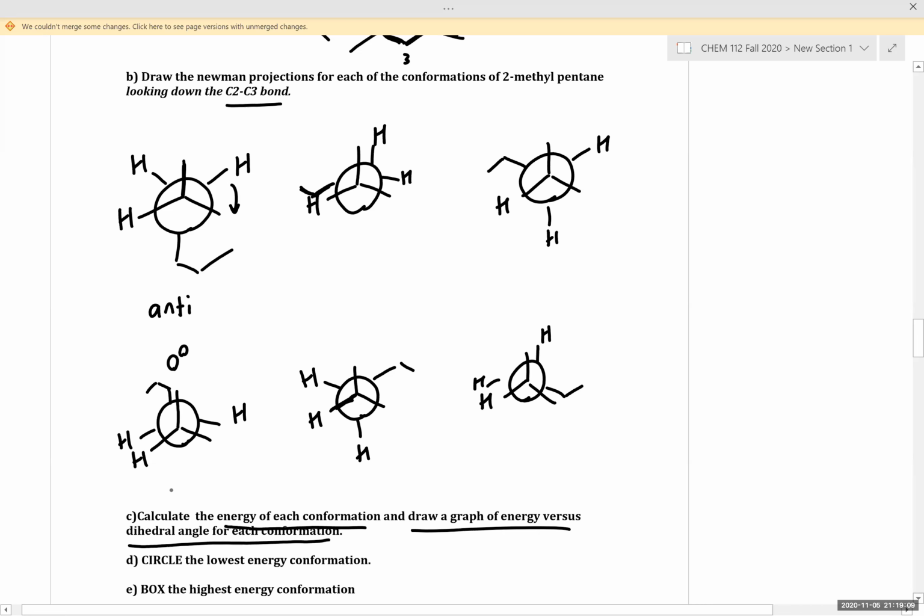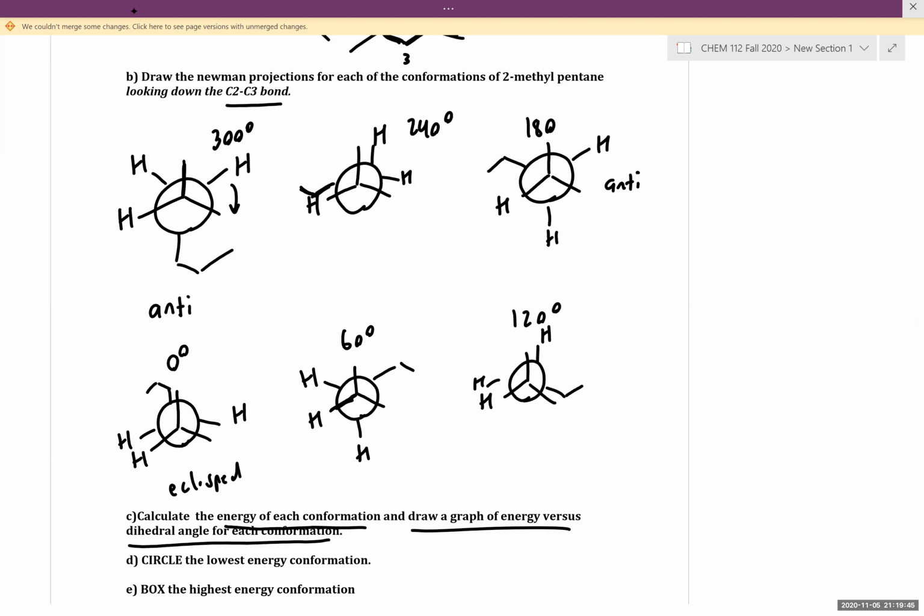That would be here. So this is our eclipsed conformation. This would be our 0, 60, 120, 180, 240, 300, and 0. So in this case, we have a few anti-conformations in this list.